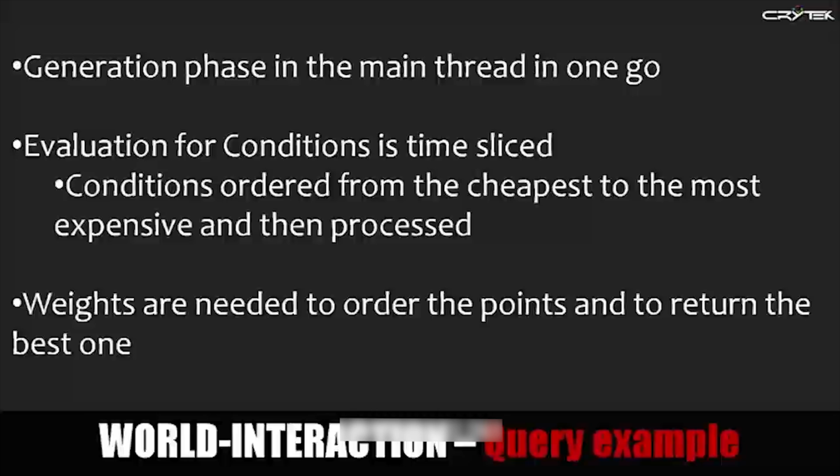But one idea that UK also started to do, and wanted to do more, was to time slice the generation too, to say, okay, you need to generate this point, but you can use only 1 millisecond for the generation, so it's going to be a bit cheaper. And maybe we could multi-thread this if we need, but right now it's not a big deal. It is expensive, so for some cases it can be slow.